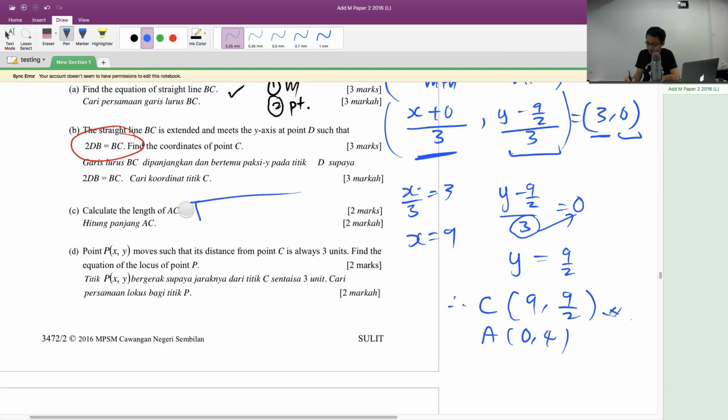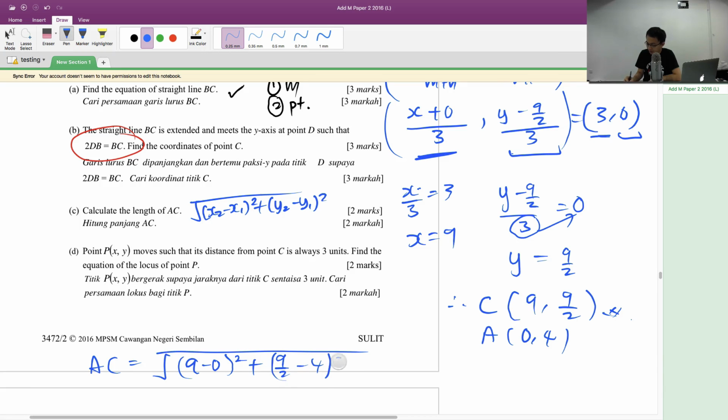For length you have to use the distance formula: square root of (x2 minus x1) squared plus (y2 minus y1) squared. So AC equals square root of (9 minus 0) squared plus (9 over 2 minus 4) squared.